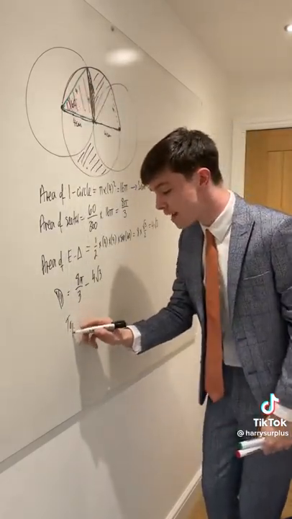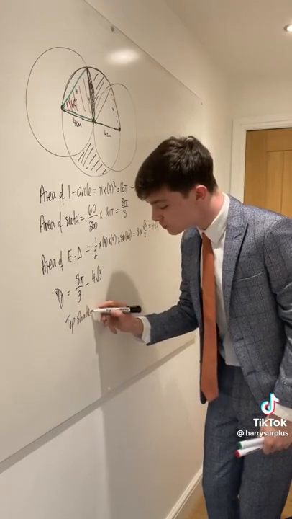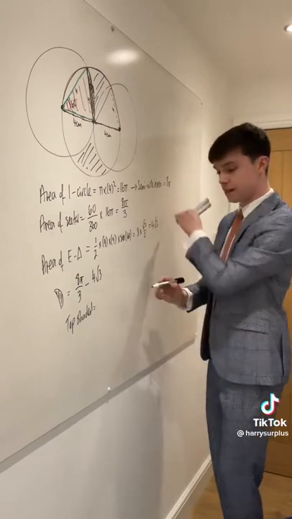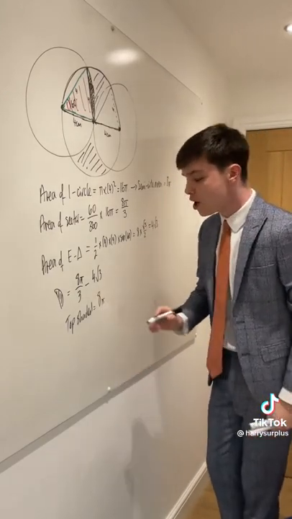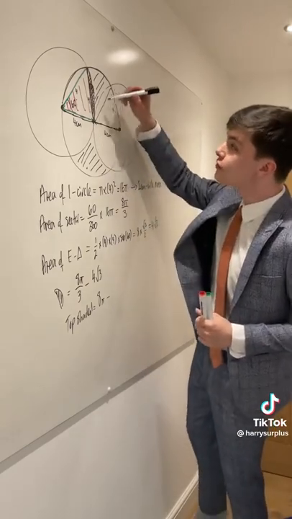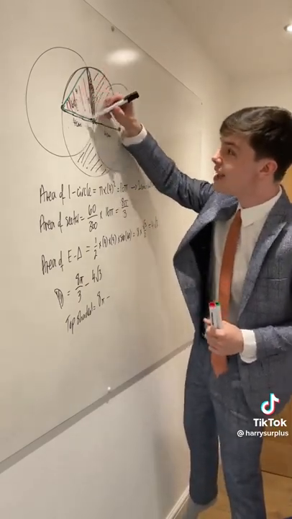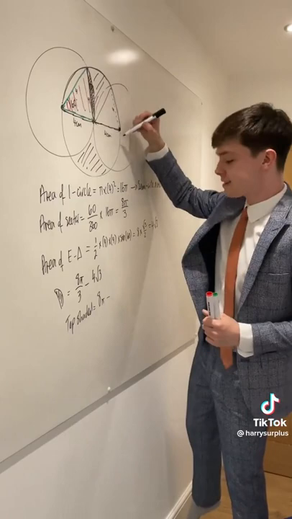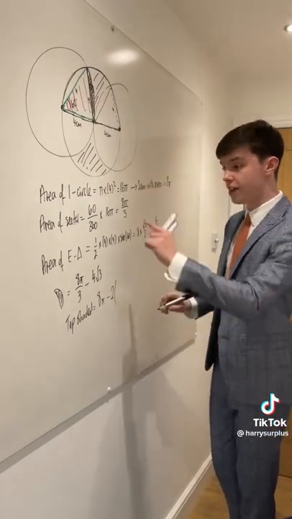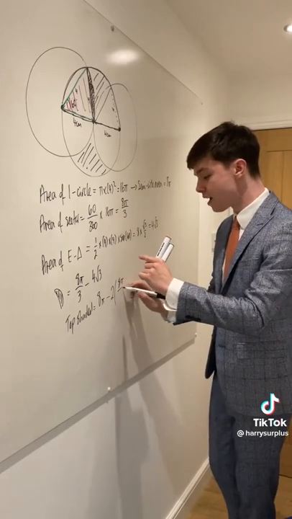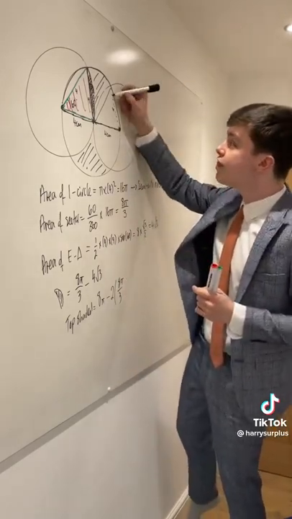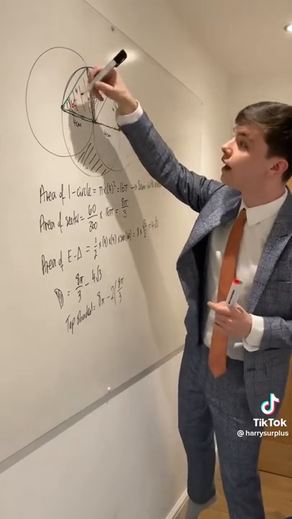The top shaded region, I'll call it the top bit. It's the semicircle, which is 8 pi, and then take away everything that it's not. So it's minus 2 lots of the sector, 8 pi over 3, because I've got a sector here that's the same as the sector here. Plus this bit here and that bit there.